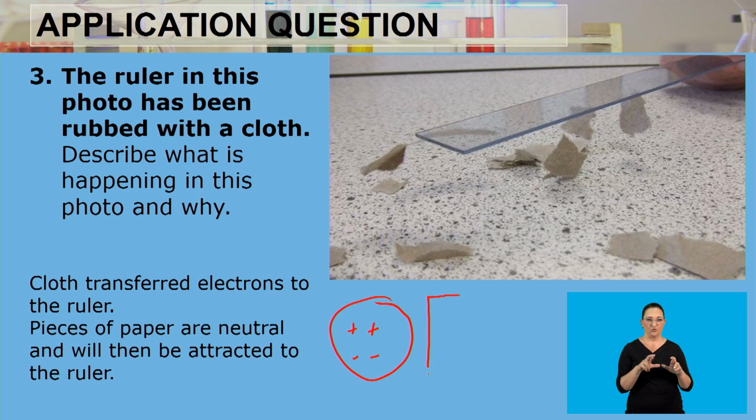Once I bring a negatively charged ruler closer to the pieces of paper, it is going to repel the electrons on the paper, which then attracts the positive charges towards the ruler. So the pieces of paper are going to be attracted towards the ruler, and those electrons are going to be pushed to the other edge of the piece of paper, but they will still be within the piece of paper.